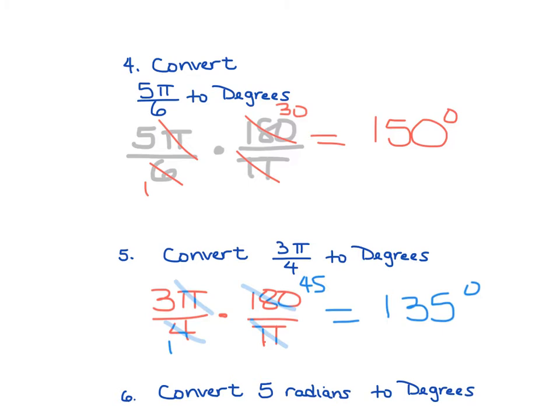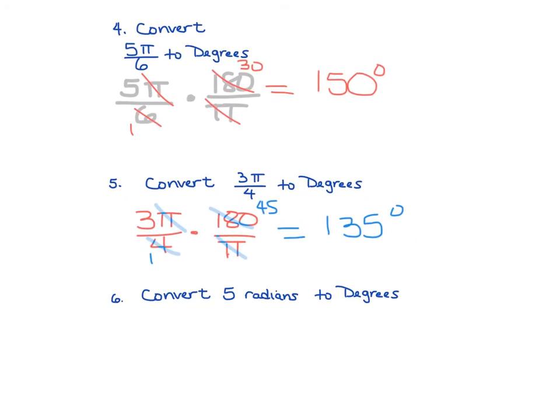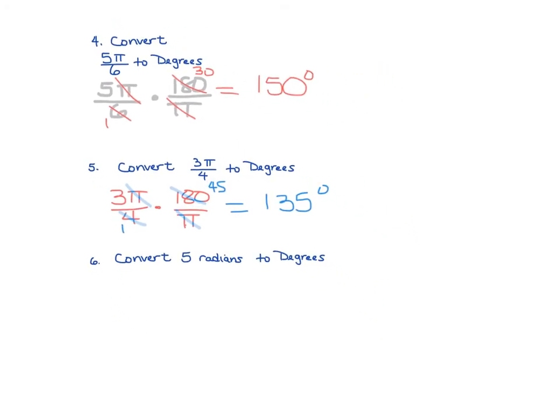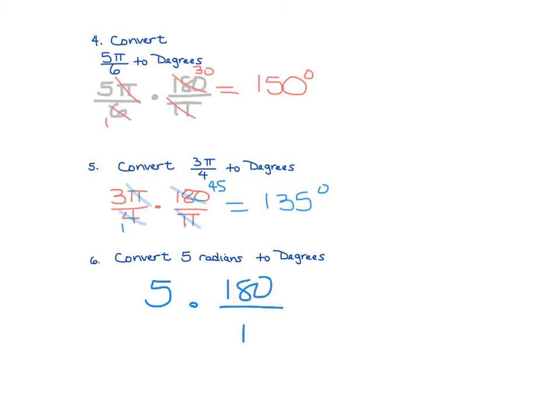One more example of converting. This time I don't have a pi in my answer, so I don't have any pi to cancel. But I'm still doing exactly the same thing. So I'm going to multiply 5 times 180 over pi. Again, the pi doesn't cancel, so I'm going to multiply 5 times 180, and I get 900 over pi.